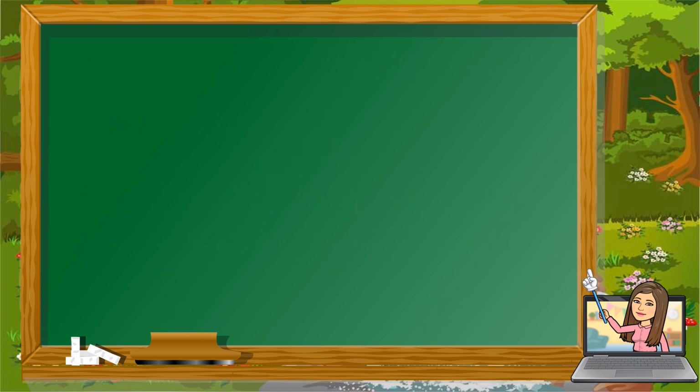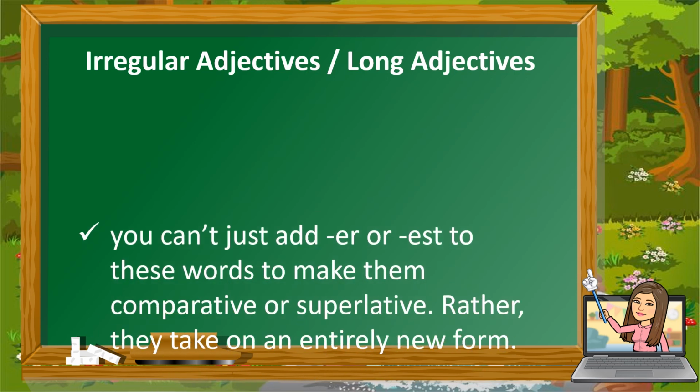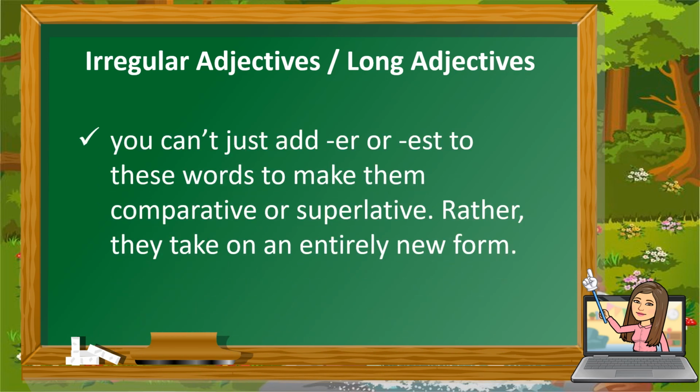So now let us move on to irregular adjectives or long adjectives. Okay? So children, in here, you can't just add er or est to these words to make them comparative or superlative degree. Rather, they take on an entirely new form. Okay? Please do remember that, children.